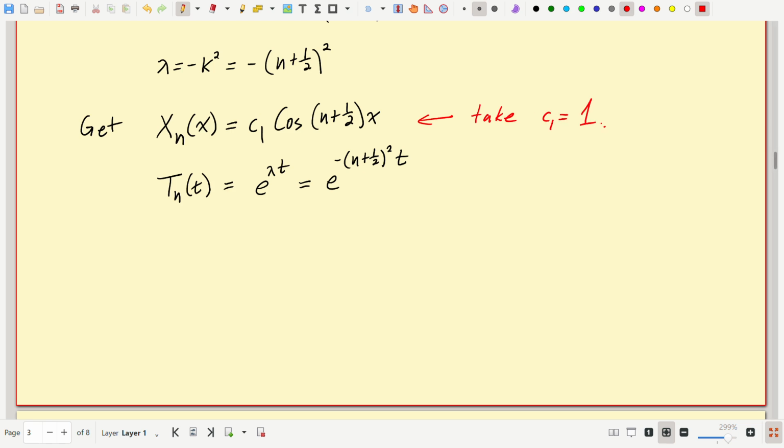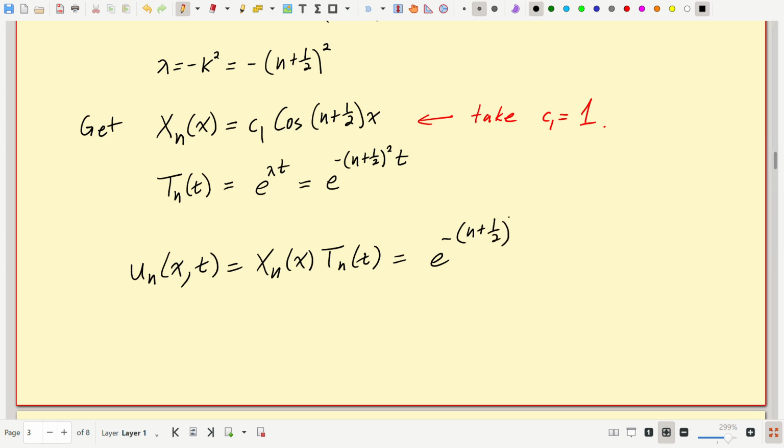Because later I'm going to take linear combinations of my basic solutions, which are now xn of x times Tn of t. That's e to the minus n plus a half squared t cosine n plus a half x.